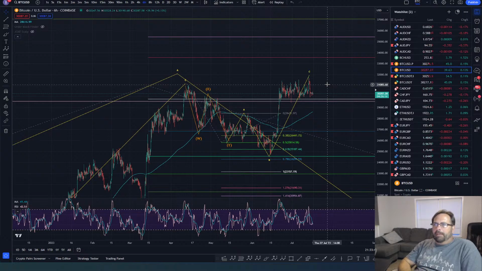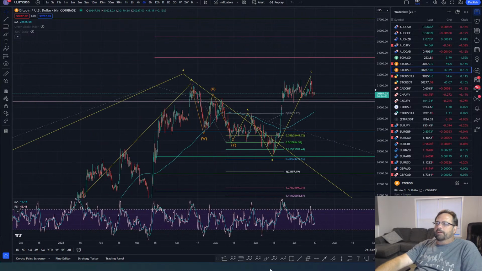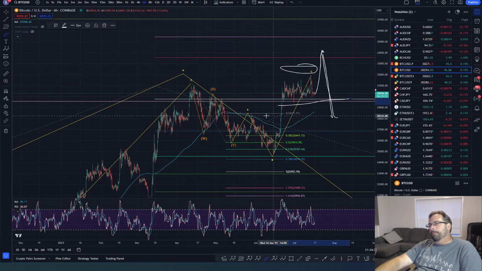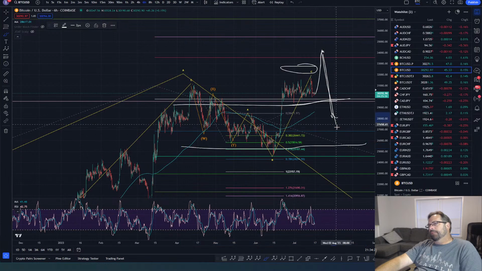So it might be a prime time for the market makers to take the market down, especially if sentiment and traders are taking it to the upside. It may behoove them to give us a hit to the high first, take the liquidity out on the high side, get people to FOMO in, tag 34,000, and then just reject really hard and fast. They take all these levels back out, come back into this range right here, play around.